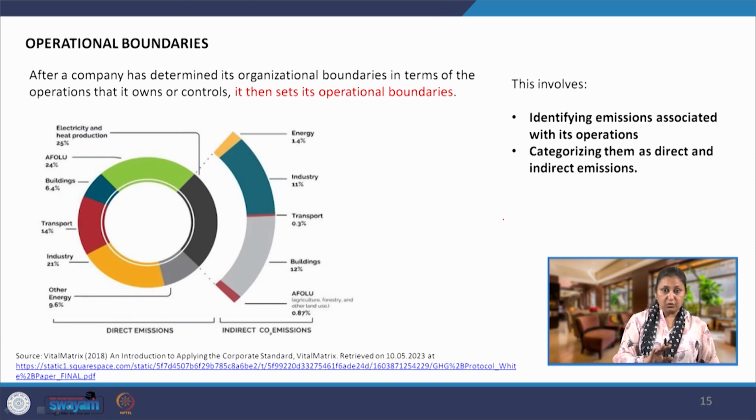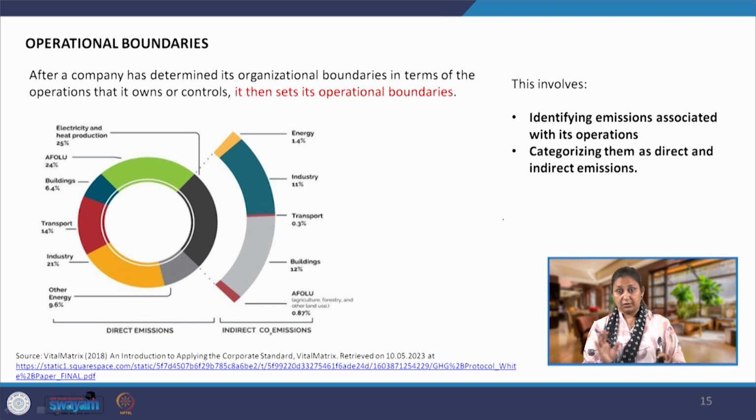So, we have to know where exactly the emission is happening from, direct and indirect. We will talk about indirect going into scope 2 and 3 again, but here we have to clearly know which are the direct emissions which are accruing here from my processes. This is what we will do when we set our operational boundaries, where the operations are happening.